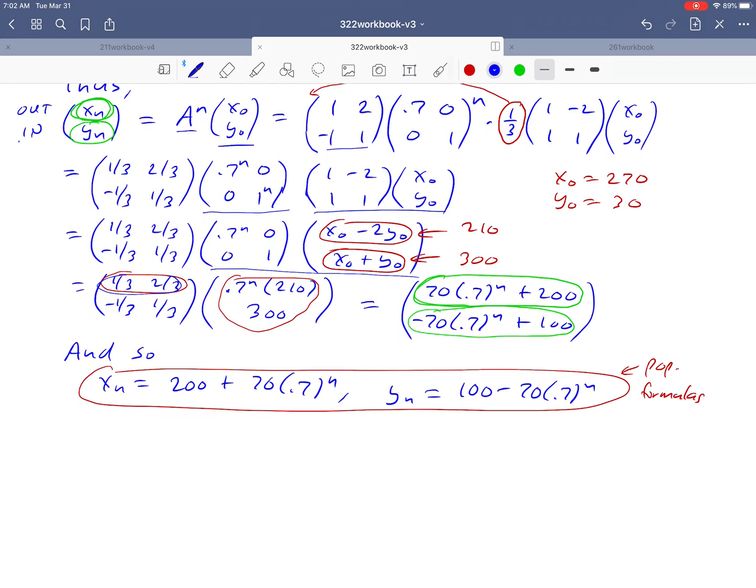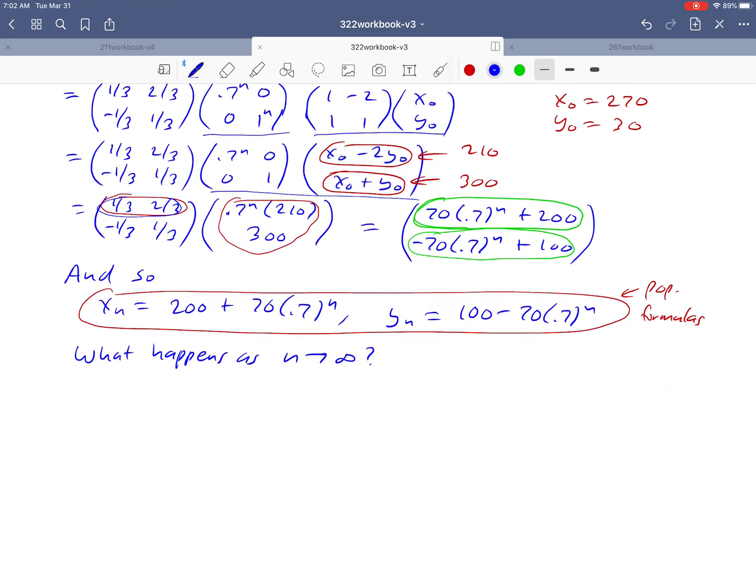Mathematically, if you think about it, finding the populations in the long run is about taking limits. It's like asking what happens to these populations as n goes to infinity. So we can do a little calculus calculation here. So taking the limit of this, and I'm going to do this in vector form.